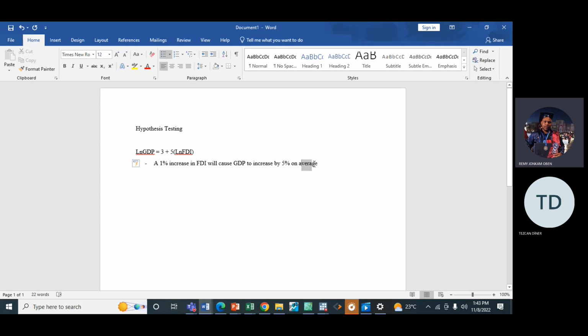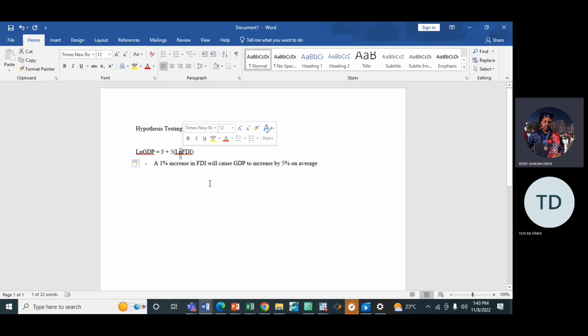So you have to always put on average. So actually this 5 here is telling you the degree to which independent variable affects dependent variable. And you see we are putting everything in percentage because it is log model.